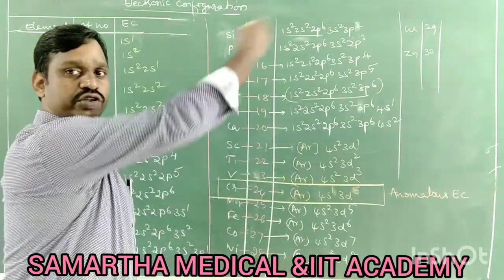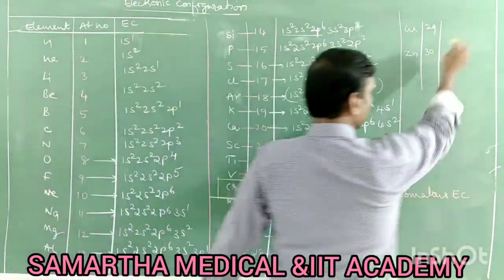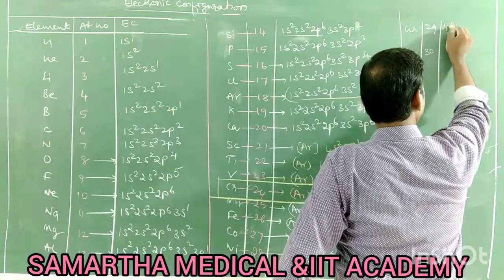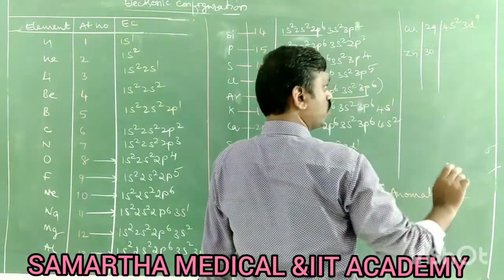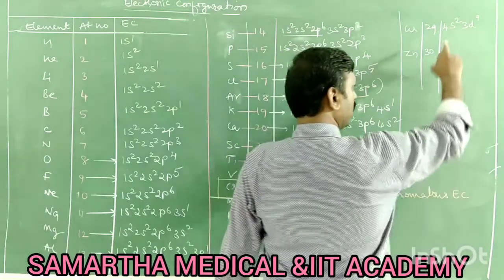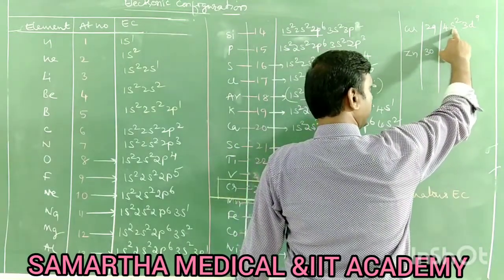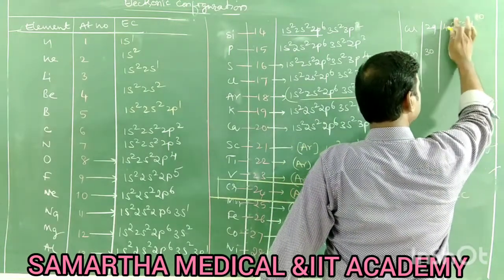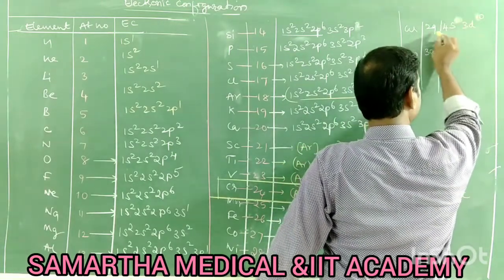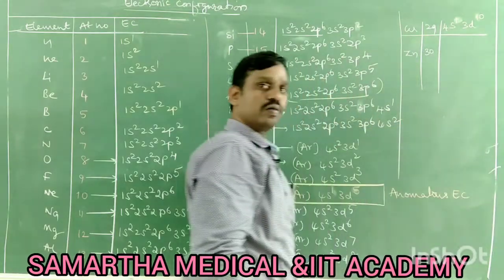After 3d8, it has to come 3d9, so it's supposed to be 4s2 3d9, right? But it is not 4s2 3d9 actually, because one electron from the s orbital enters into the d orbital, it becomes d10 and s becomes s1. It is also an anomalous electronic configuration.